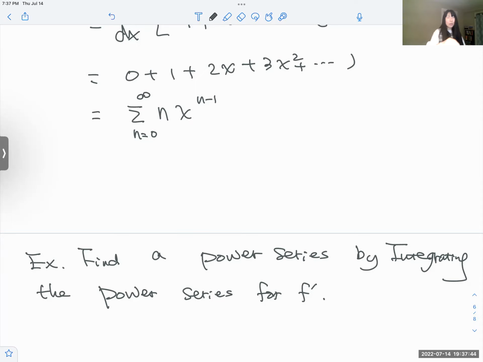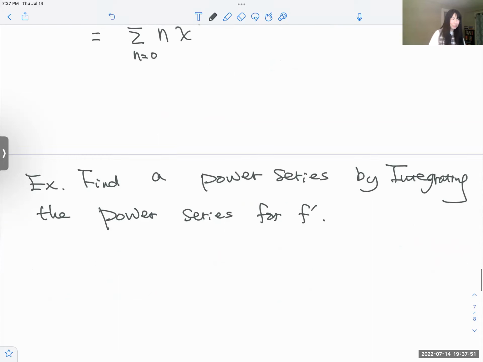Okay, so we have the inverse trig function, which is arctangent. So what is the derivative of this one? Do you know that?